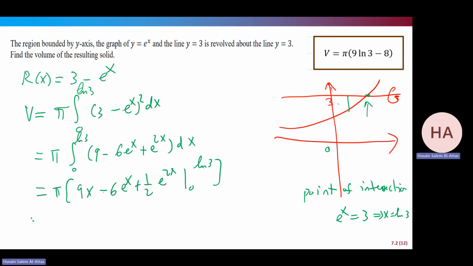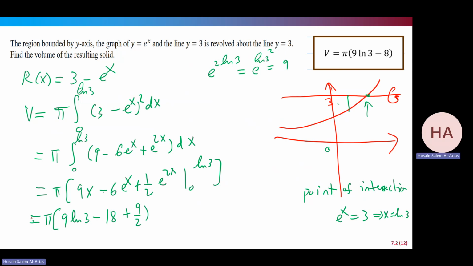Be careful, now at 0 we have values. So let me do the calculation. I have 9 ln 3, minus 6 e to the power ln 3, which is 3 times 6, that will be 18, plus half e to the power 2 ln 3, which is e to the power ln 3 squared, which is 9, so plus 9 over 2.